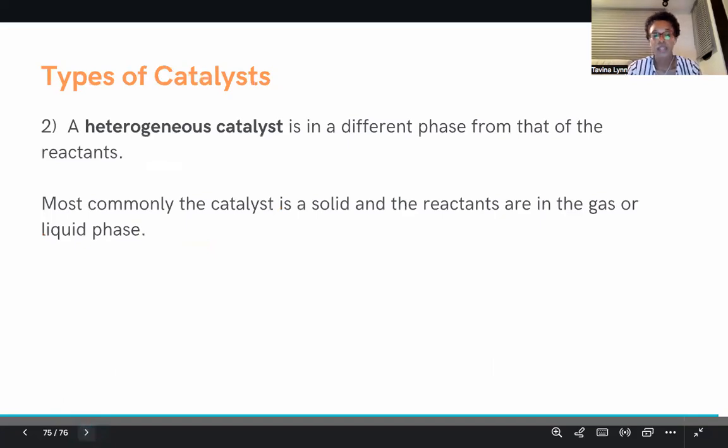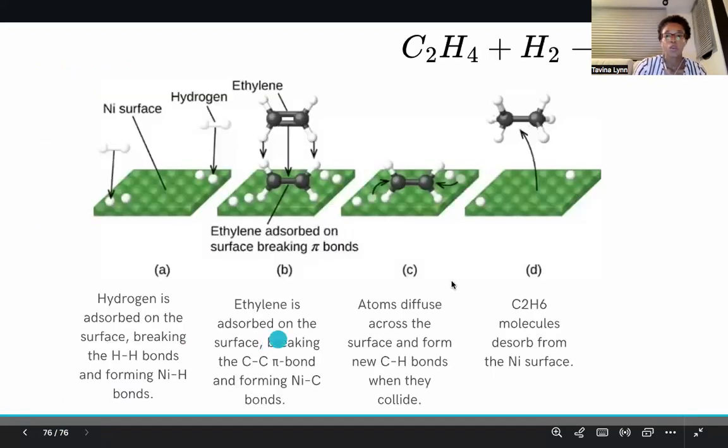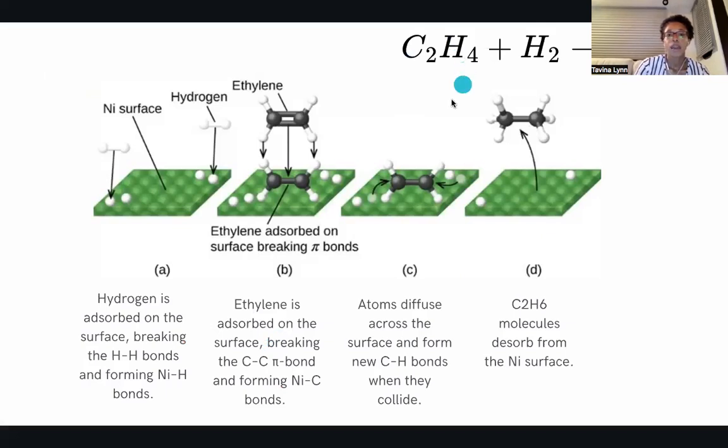A heterogeneous catalyst is usually in a different phase from that of the reactant. So most commonly the catalyst is in the solid phase and the reactants are in the gas or liquid phase. So here's an example where ethylene reacts with hydrogen to form ethane.